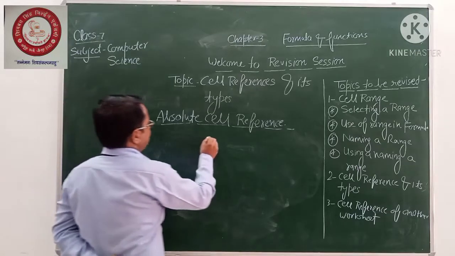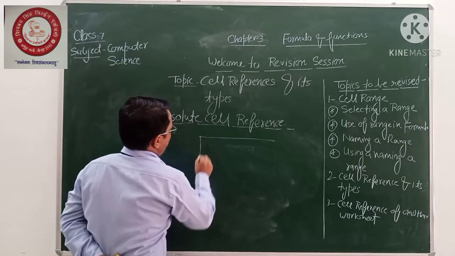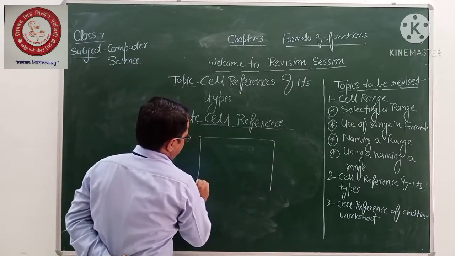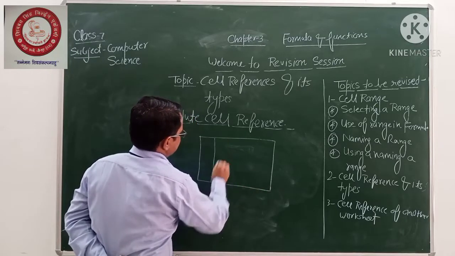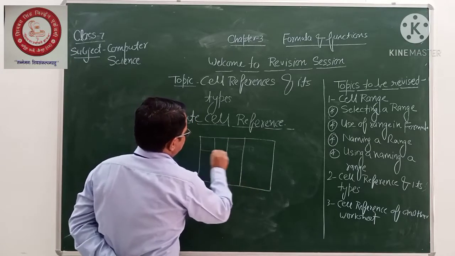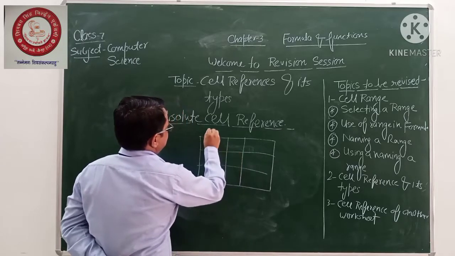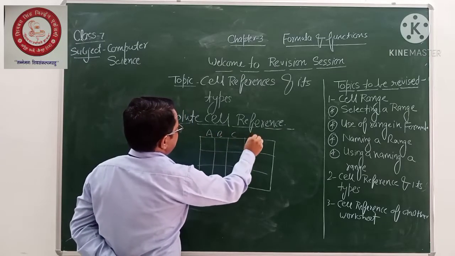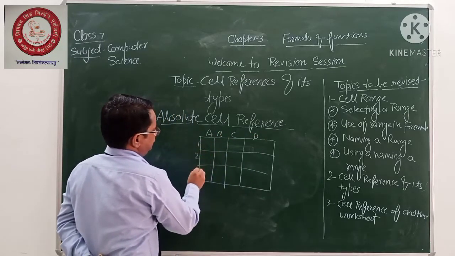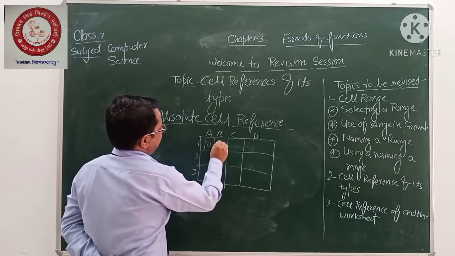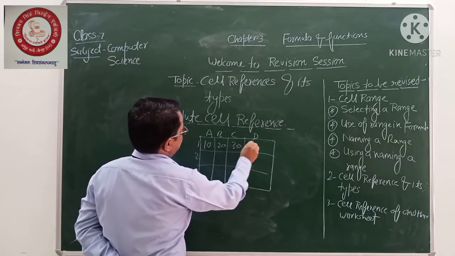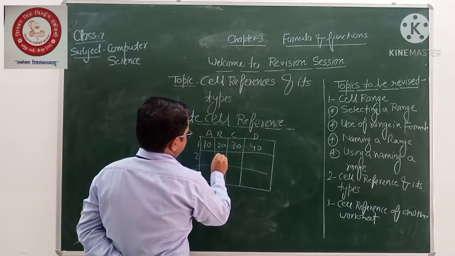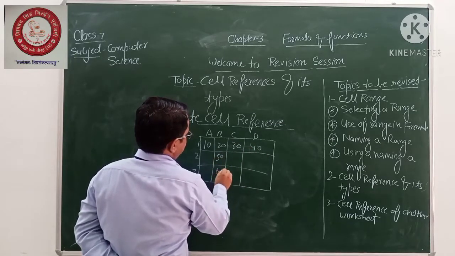For giving the best understanding, let me have one Excel sheet and then we'll proceed further. So this is your Excel sheet here. A, B, C, D, 1, 2, 3. Suppose 10, 20, 30, 40, 50, 60.